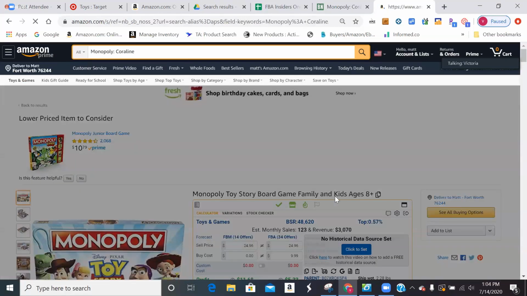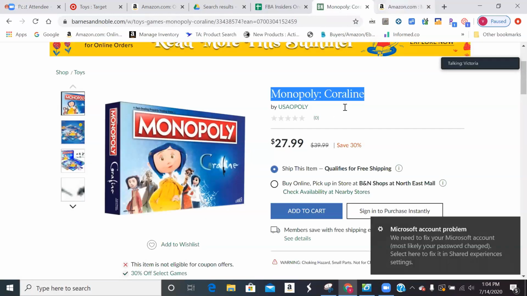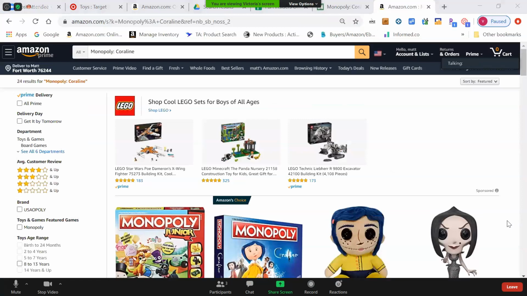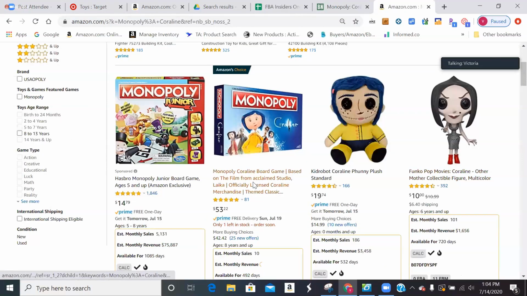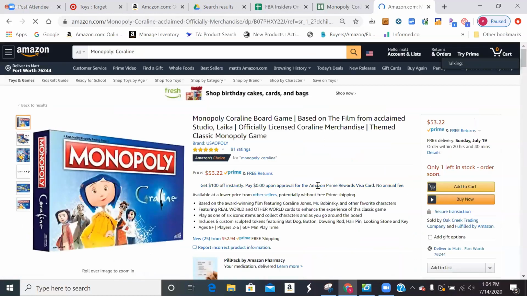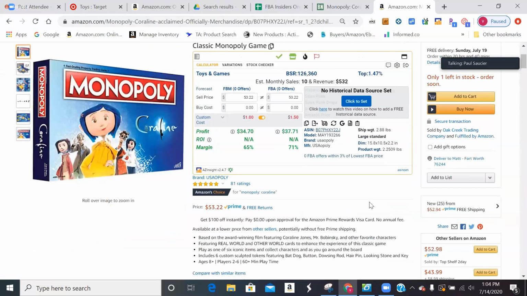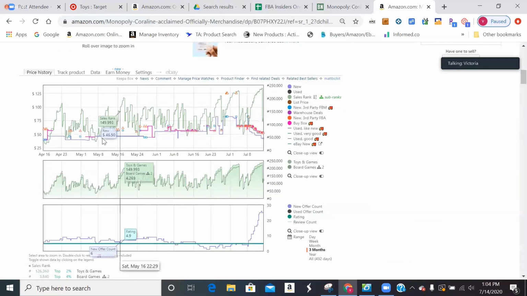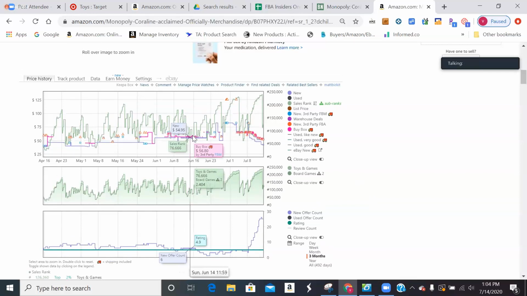So we'll put that in. And she was $27.99. Okay, so she's going for 53. And the buy box is still there. So we'll look, she's selling. Yeah.